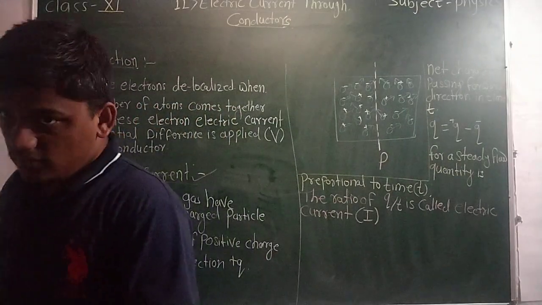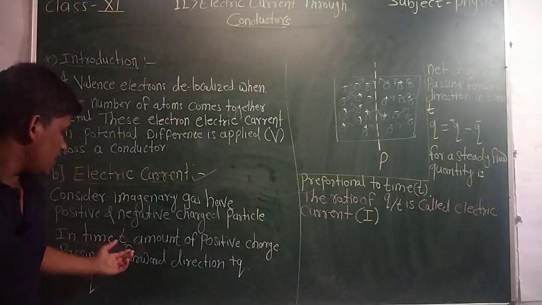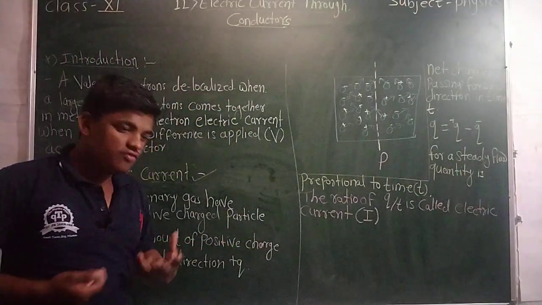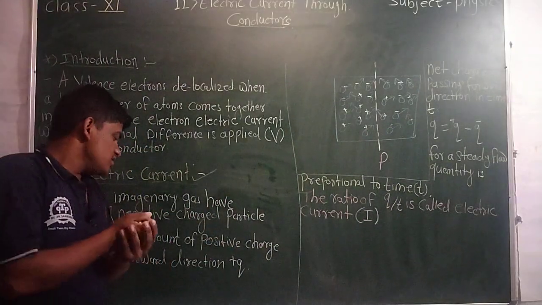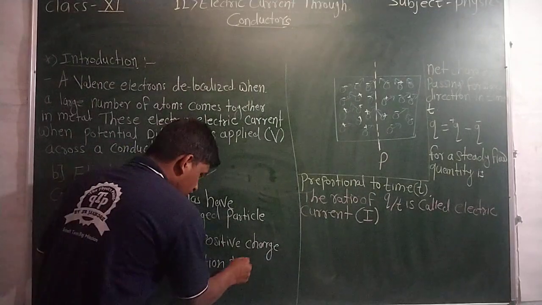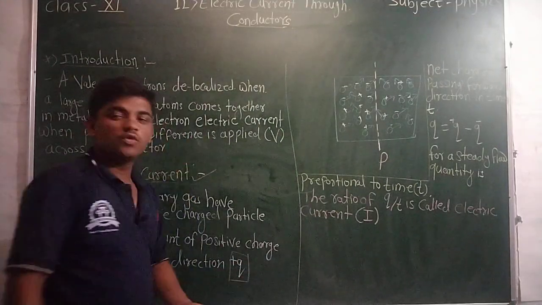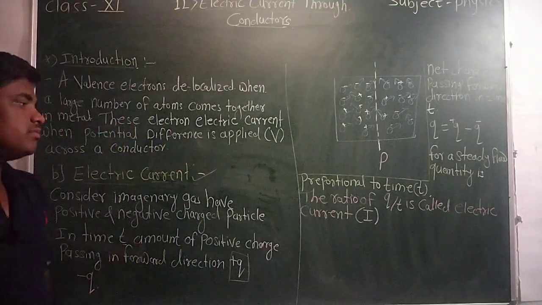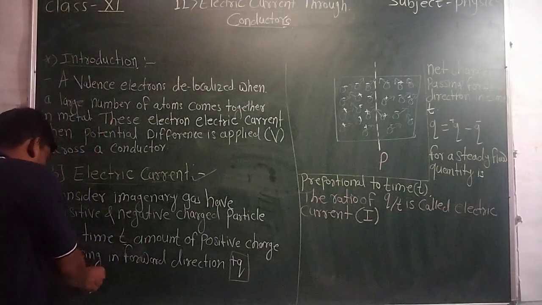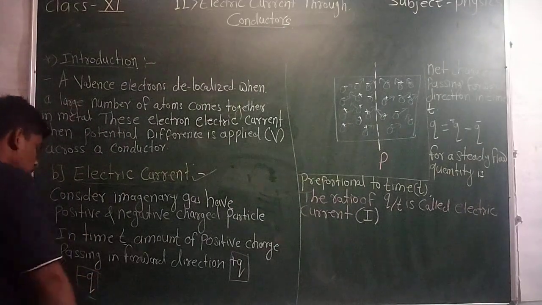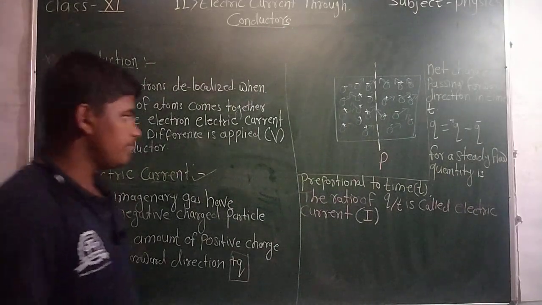Then in time t, the amount of positive charge passing through the forward direction is plus q, and the amount of negative charge passing through the forward direction at time t is minus q.